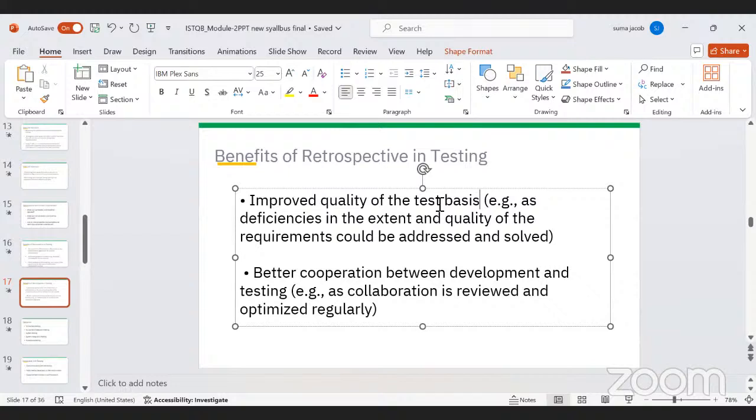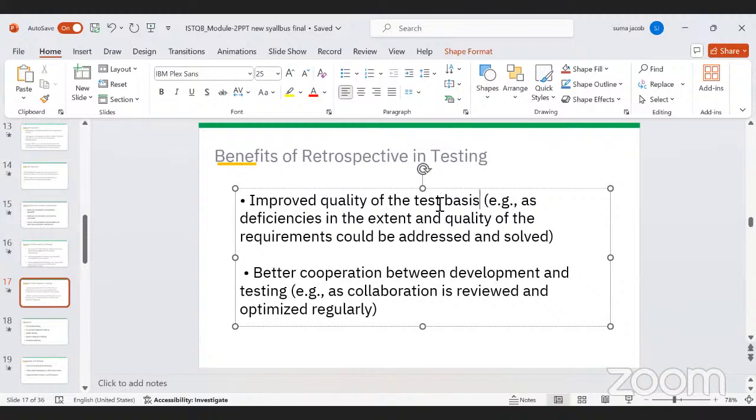So the team can work with all the stakeholders involved to clarify the ambiguities and inconsistencies in the requirements, resulting in a more accurate and comprehensive test basis for future testing activities. Which is actually possible in a retrospective meeting, we can come up with such suggestions and improvements.